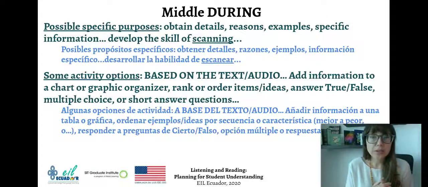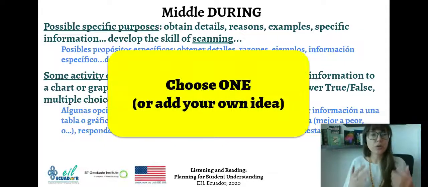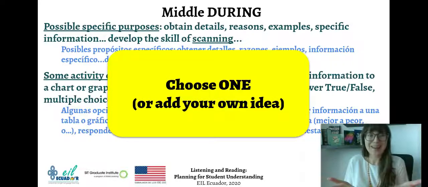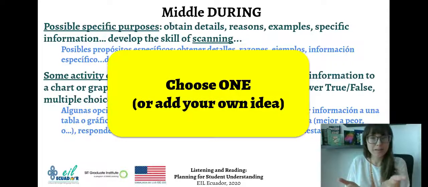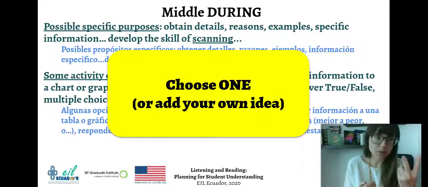True or false questions, multiple choice, short answer questions, something that pushes them to get details, reasons, examples, get deeper comprehension. As always, you're going to choose here, or you could do something else that fits this same purpose. And in this stage, you could have one activity or maybe two.